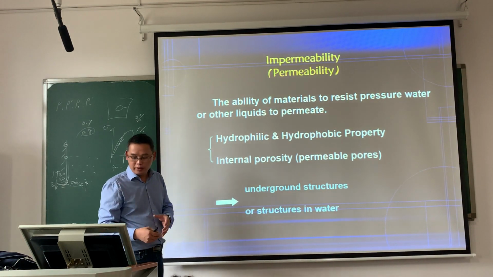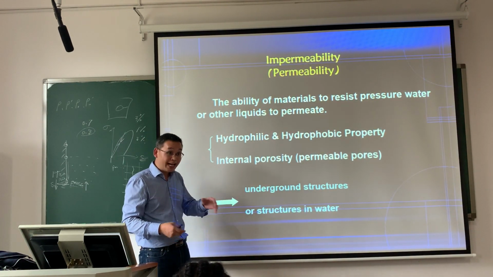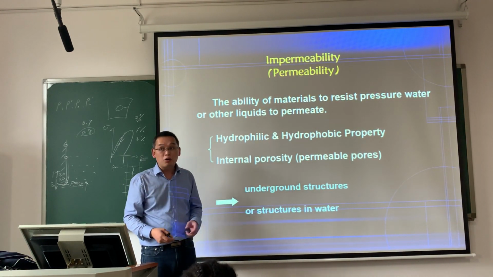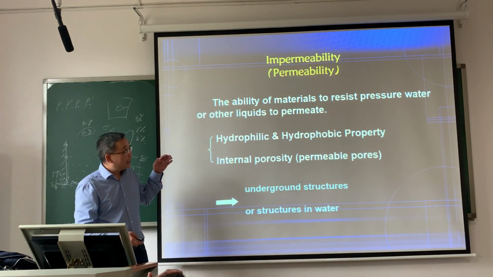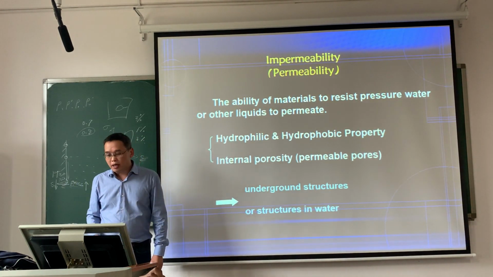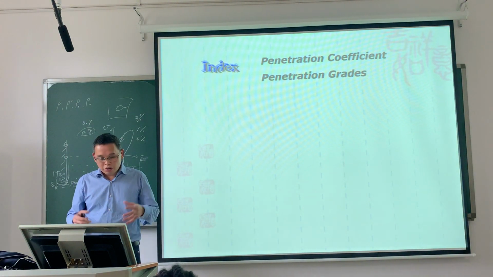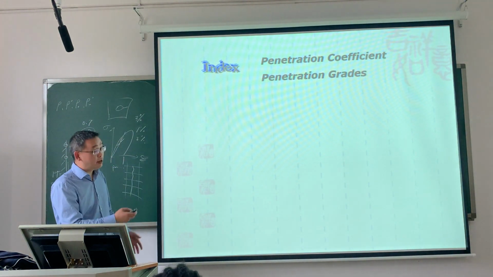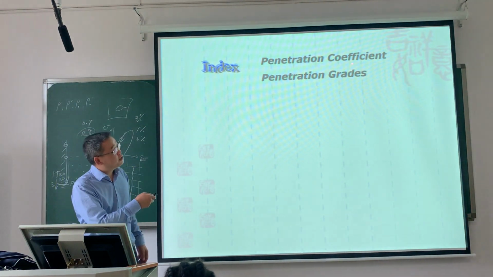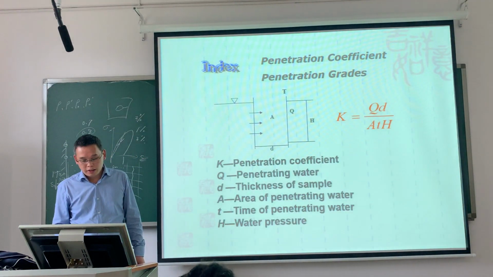So for the underground structures, or structures in the water, we need the material to have a high impermeability. So how to evaluate it? We can use this kind of index. Maybe we can use the penetration coefficient or the penetration grades.